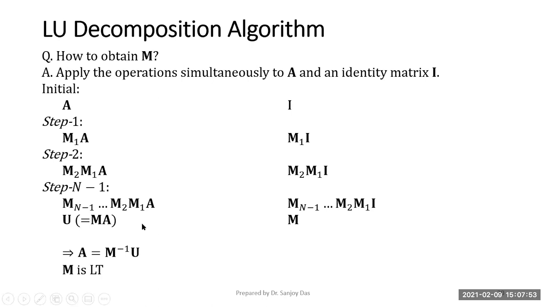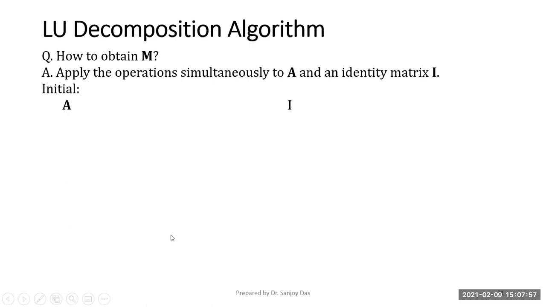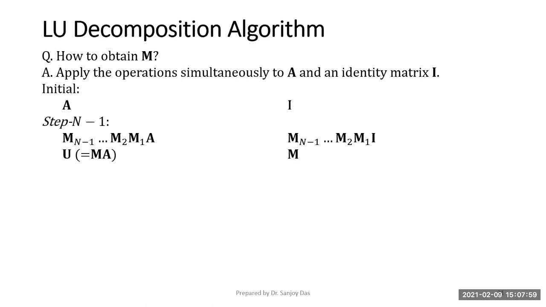Now the inverse of a lower triangular matrix is lower triangular, which means that M inverse is lower triangular.